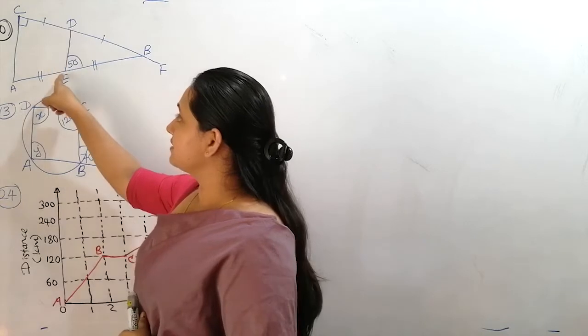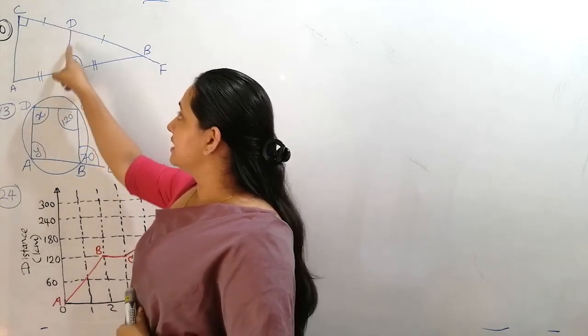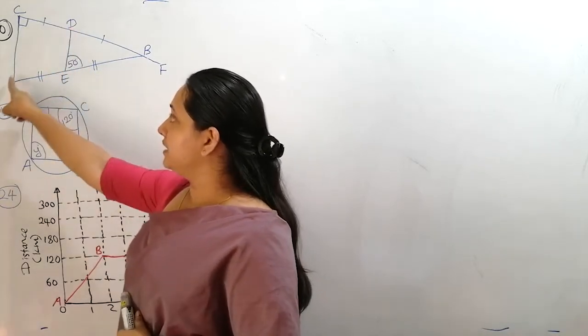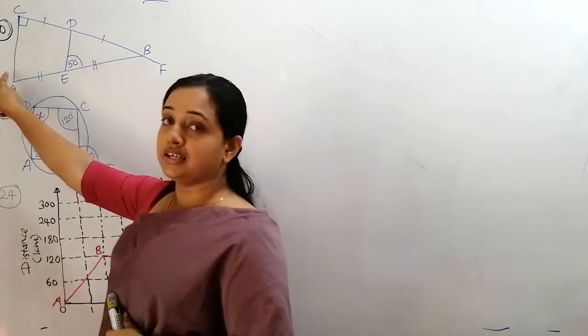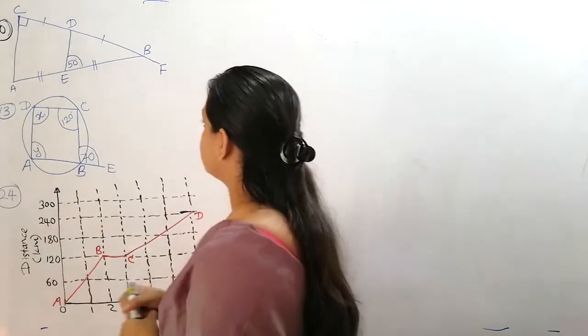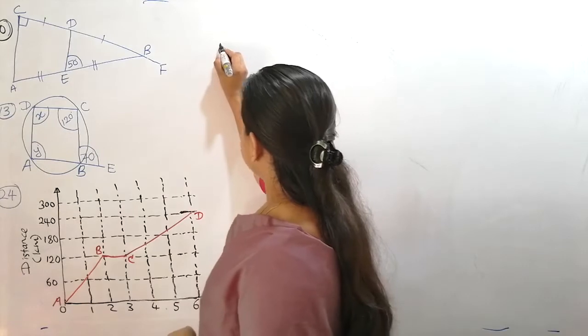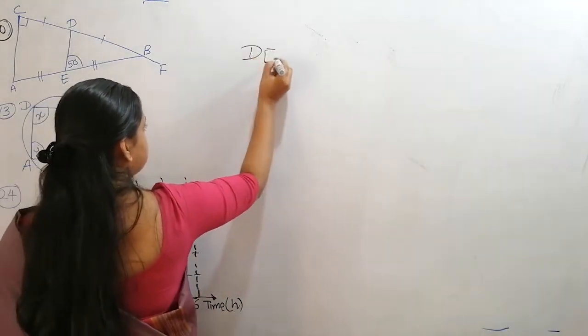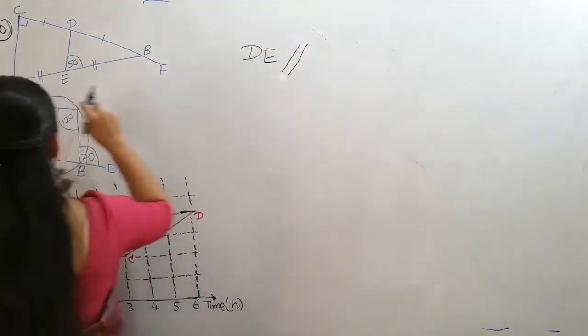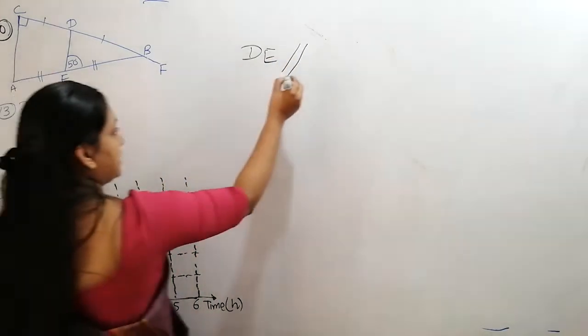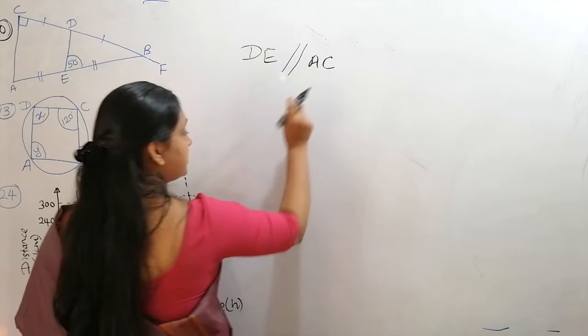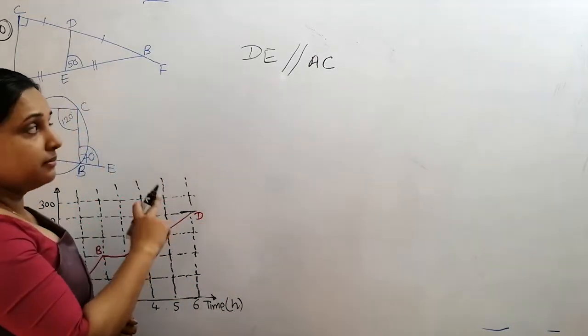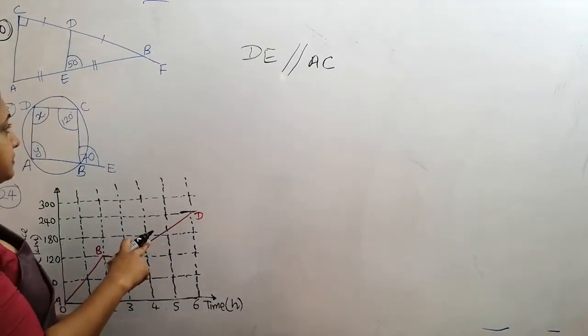Since these are the two midpoints, DE will be parallel to the third side of the triangle. That means we can write that DE is parallel to AC, according to the midpoint theorem.